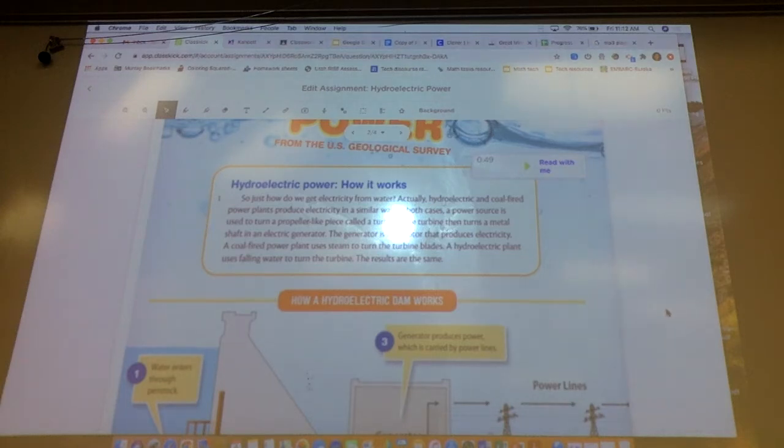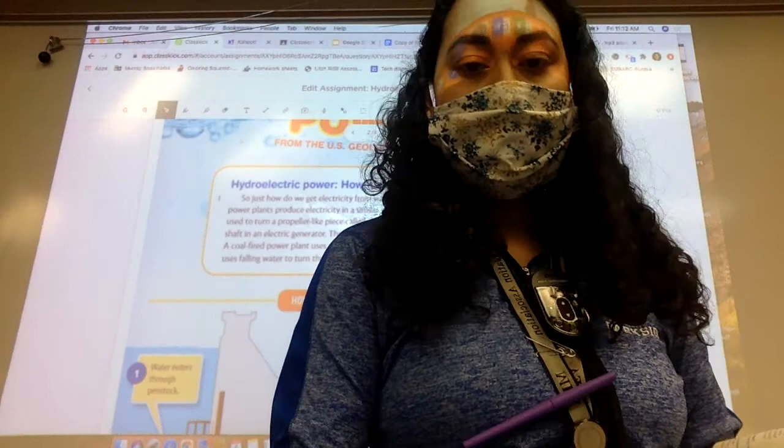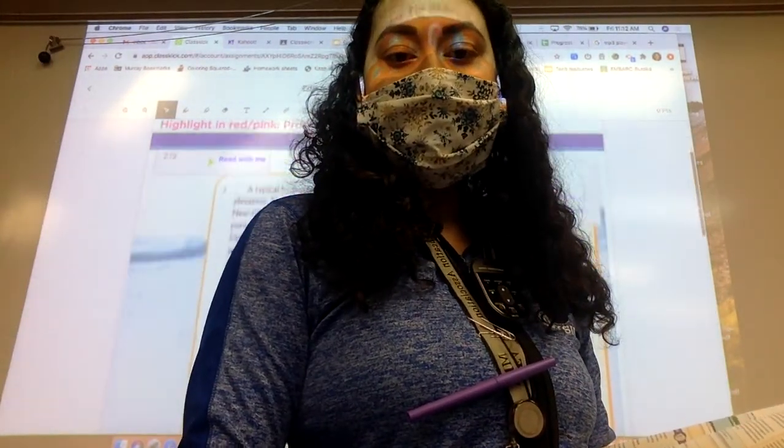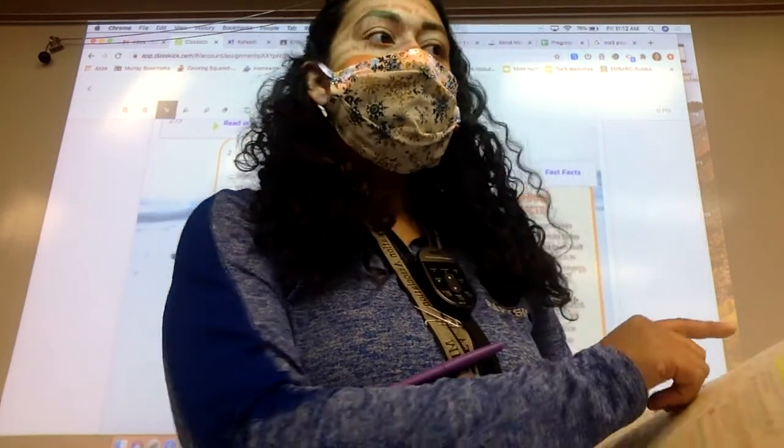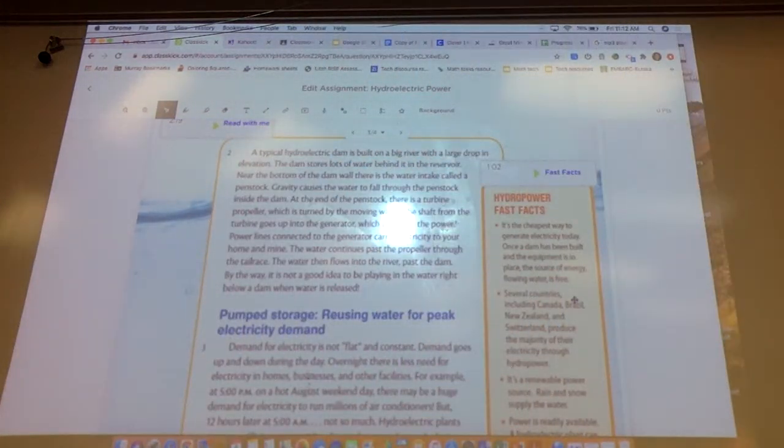Okay, now let's reread page 43. Finger on paragraph 2. Ready? A typical hydroelectric dam is built on a big river with a large drop in elevation. The dam stores lots of water behind it in the reservoir.